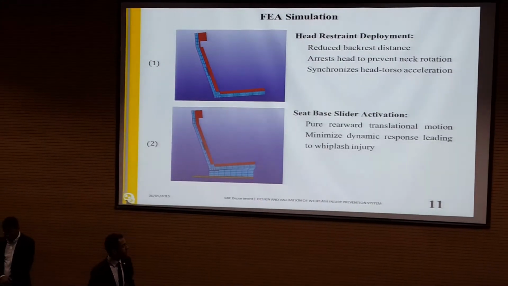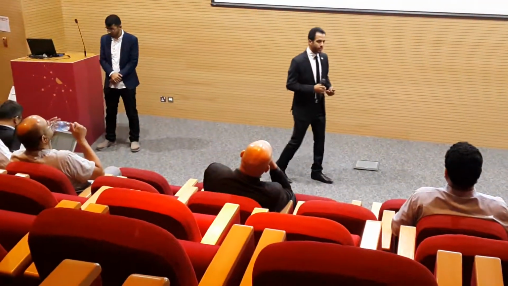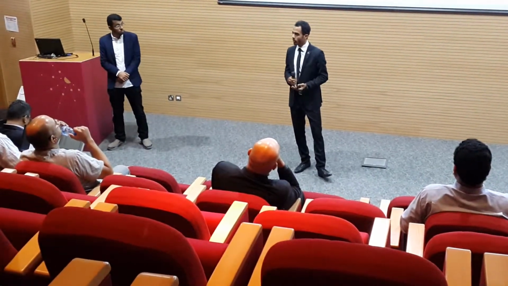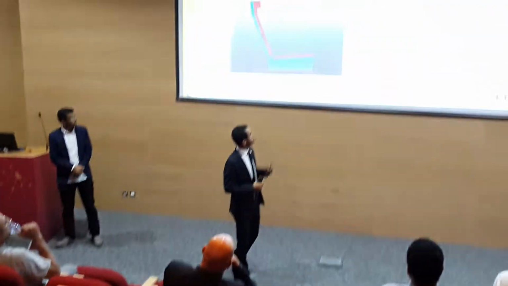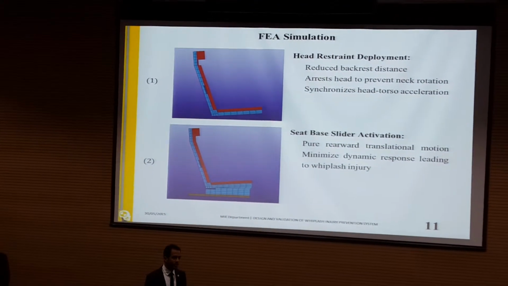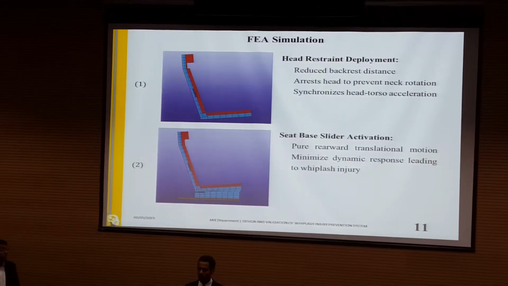Now, to test the head restraint deployment, we had to modify the seat according to what other people have been doing in the engineering and scientific community. For that, we had two tests. The first test is head restraint deployment through reduction of the backrest distance between the head restraint and the human head.